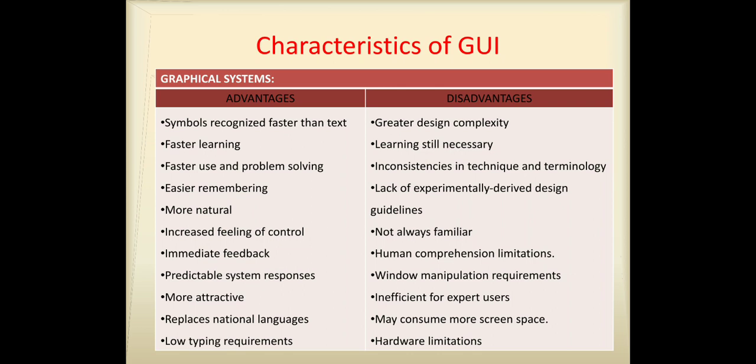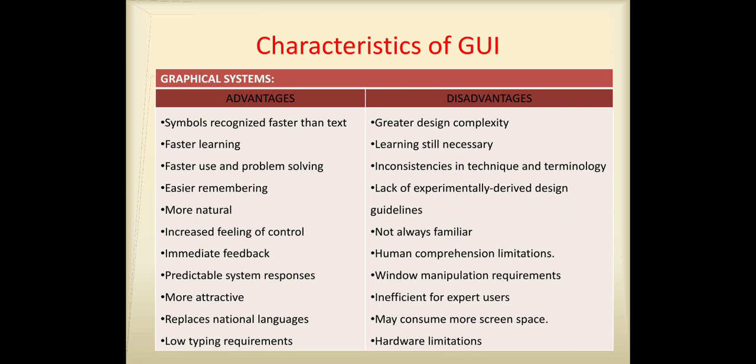Users sometimes also prefer alternatives with textual captions, and it is not always the fastest style of interaction. So graphic instructions on an automated bank teller machine were inferior to textual instructions. This is just an example. So sometimes graphical systems tend to be inefficient for expert users and they may also consume more screen space.